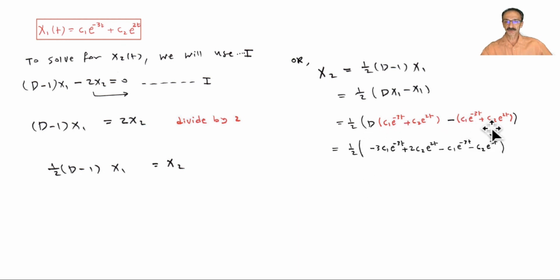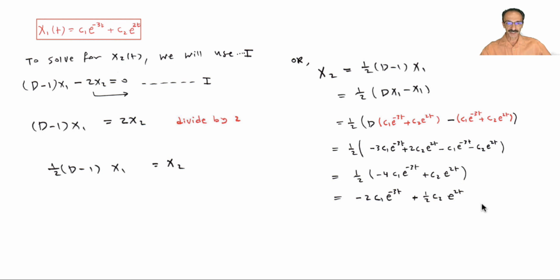I'm skipping the algebra steps. You could verify it. Take the minus inside, bring the minus 3 down, bring the 2 down for derivatives, and simplify. This is what I have. So this is the final version for x2.